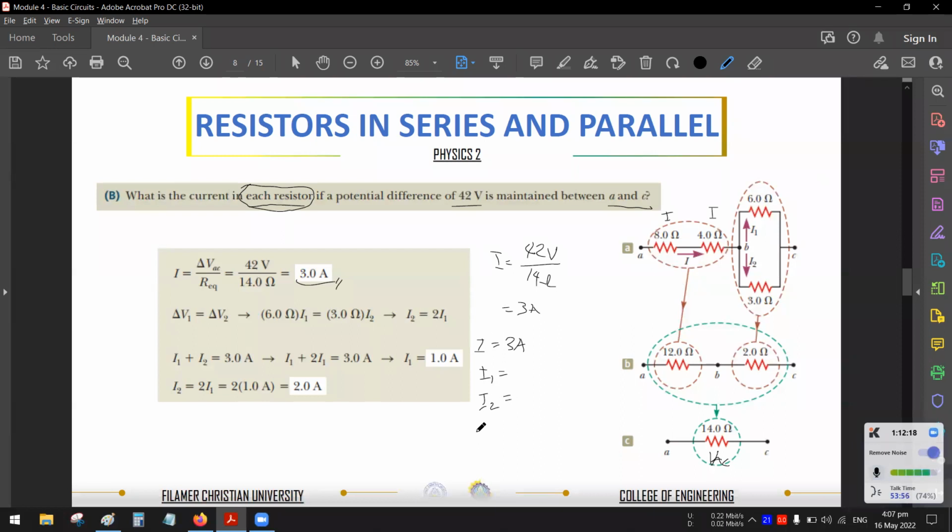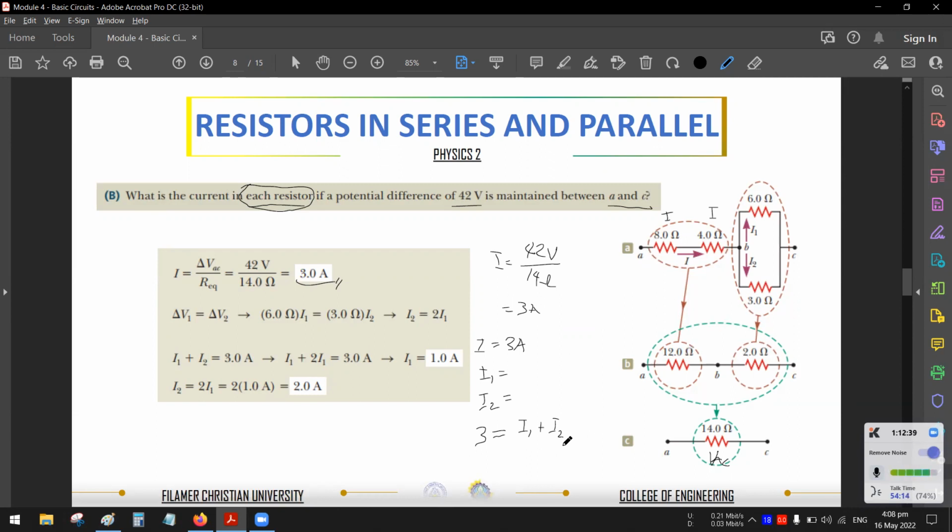So yung current mo na 3 amps is just equal to I1 plus I2. Diba? Kasi kung ano yung pinasok mo na current, dapat yun din yung the same as yung total na inilabas mo.